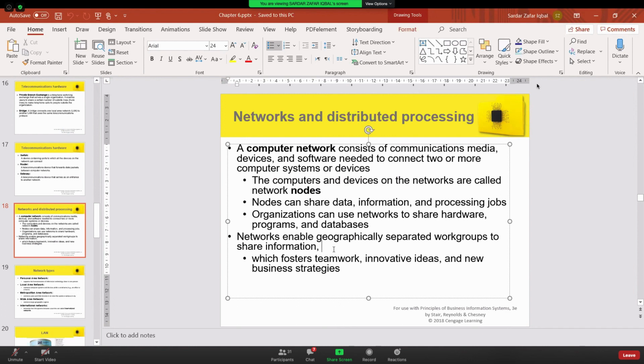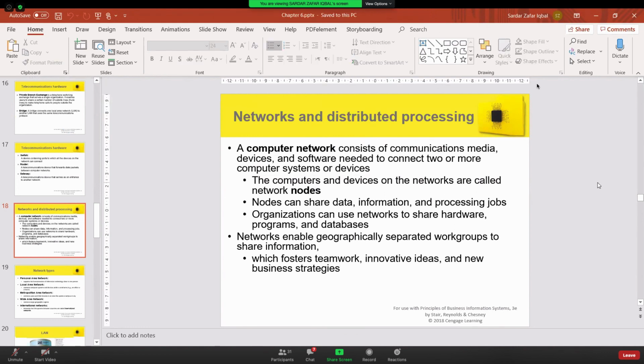So if we have one office here in Dammam, and the other one is in another city in another country, using these networks we can connect all the devices, computers and information systems so that people can work together, which fosters teamwork, innovative ideas, and new business strategies. Okay.